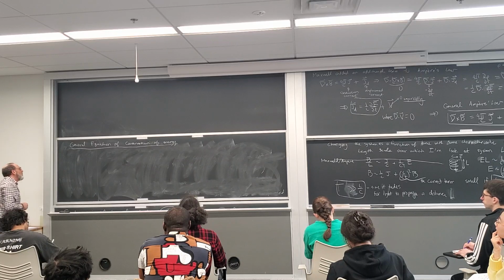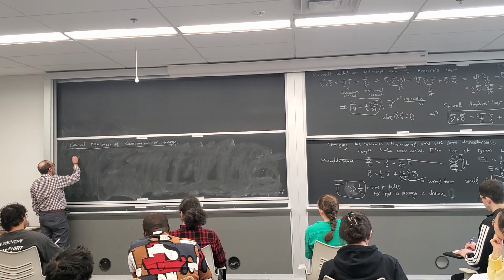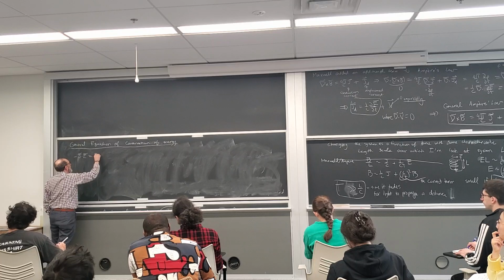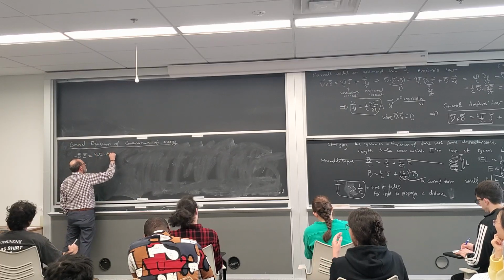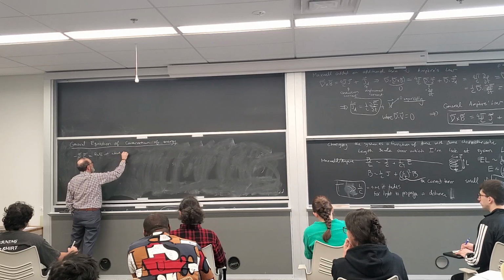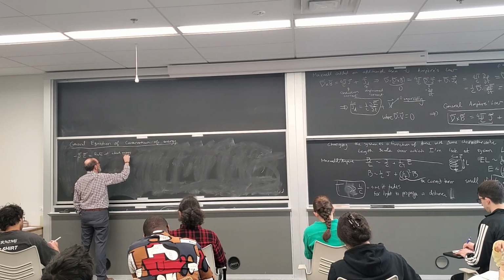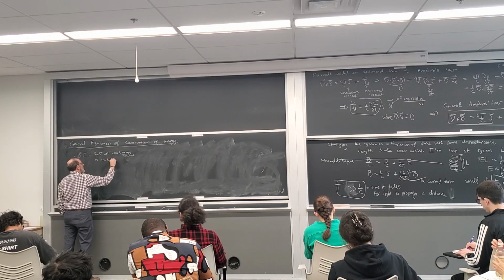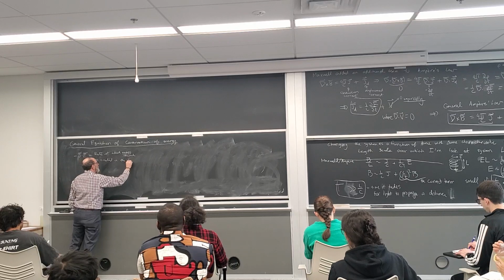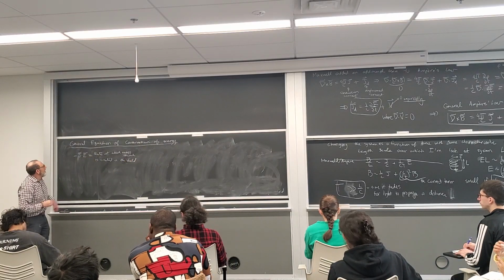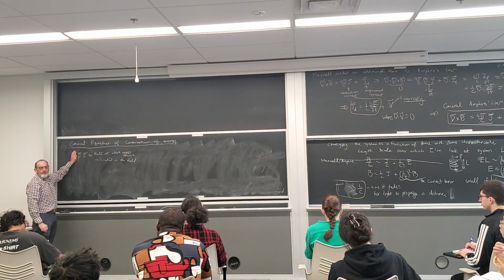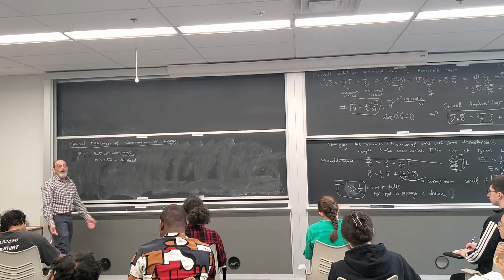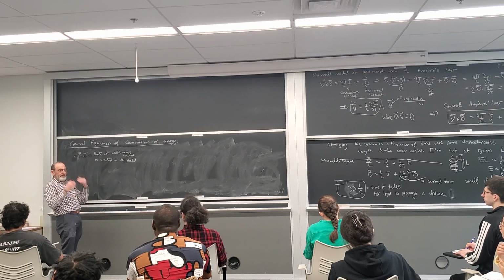So what we said was that minus J dot E was equal to the rate at which energy per unit volume is created in the field, both electric and magnetic. Because plus J dot E is the rate at which fields do work on the charges, and this is the rate at which charges do work on the field.